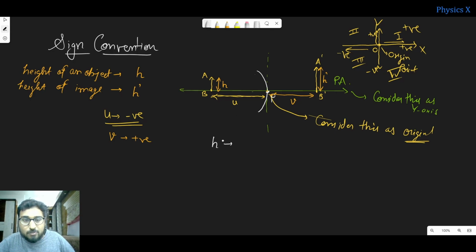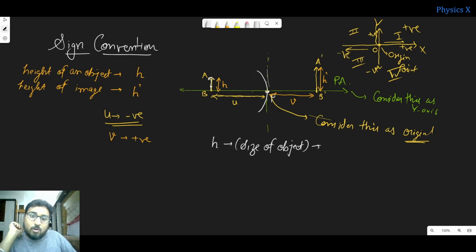That is the size of the image. We call this the height of the image or size of the image. This is also called the size of the object. So what is the sign convention of h here? See, now this distance we are measuring is parallel to the y-axis. I told you that this perpendicular will be your y-axis if this is your origin.